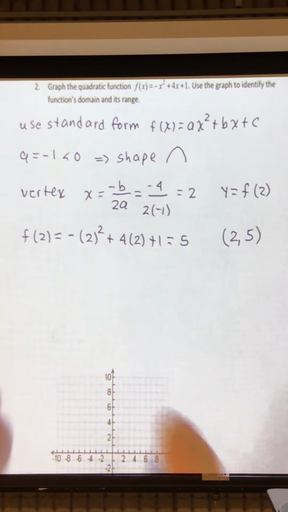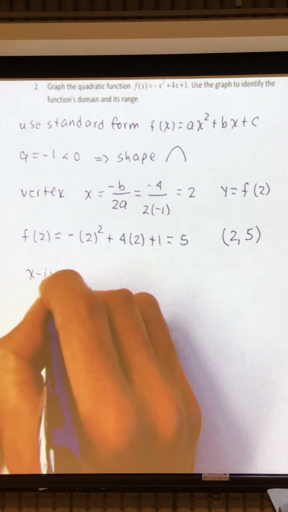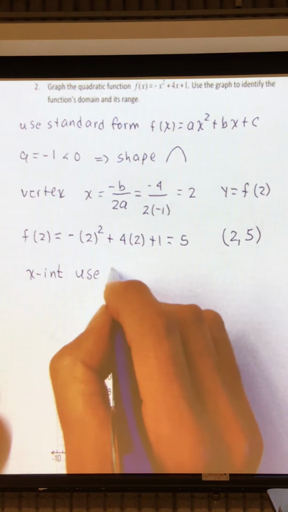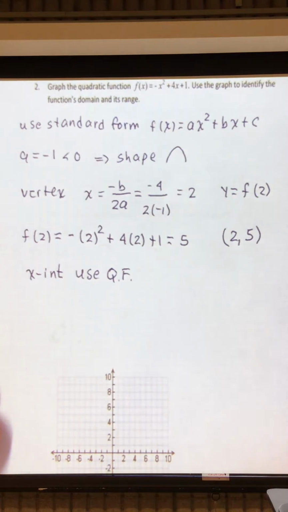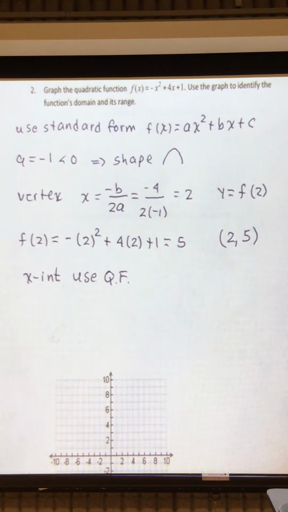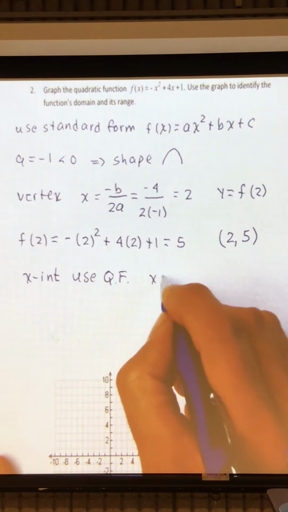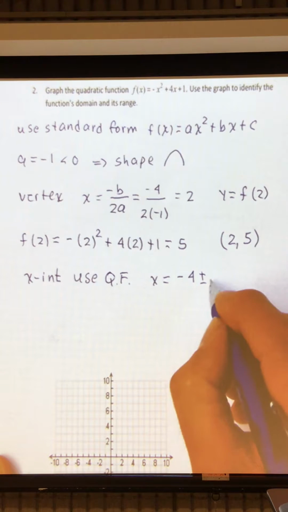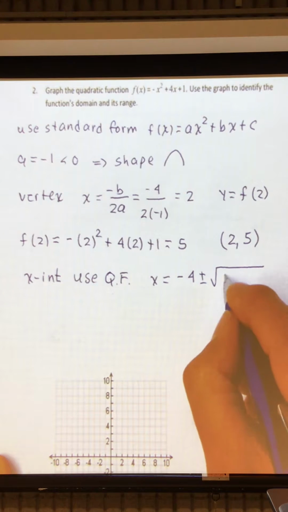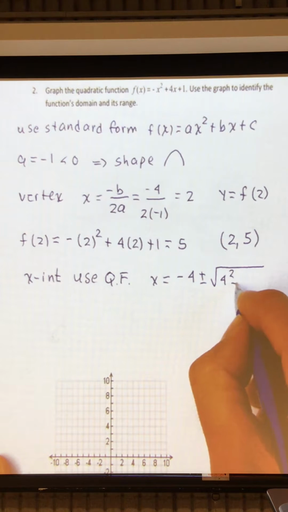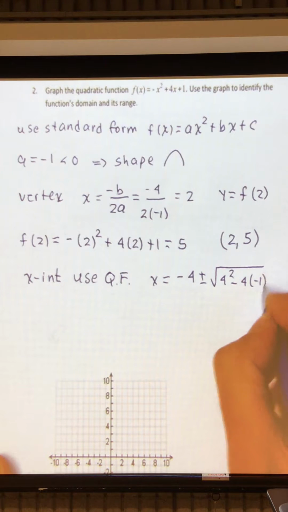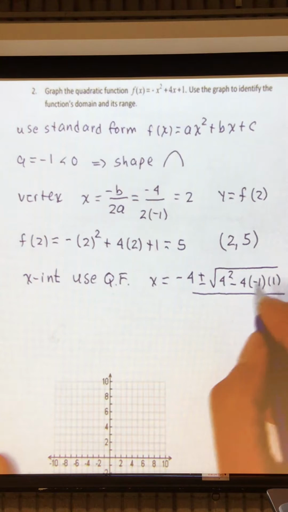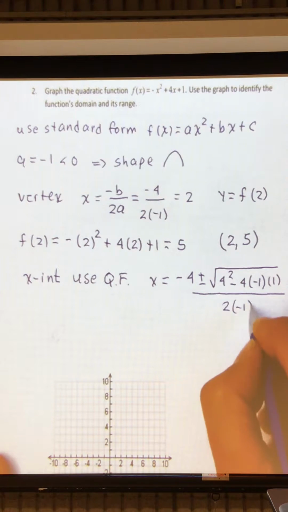Now we need to find the x-intercepts. And to do this, we're going to use the quadratic formula, since the original quadratic function does not factor. So x is equal to negative b, so negative 4, plus or minus the square root of b squared, 4 squared, minus 4 times a, negative 1, times c, which is 1, over 2 times a, which is negative 1.